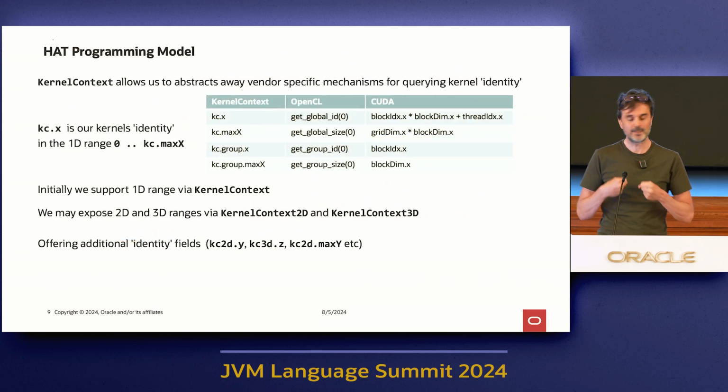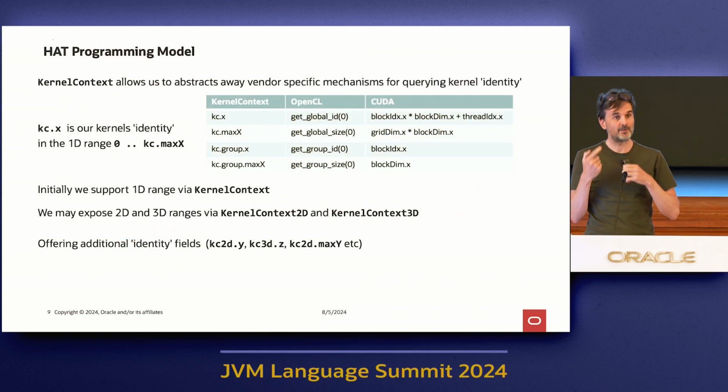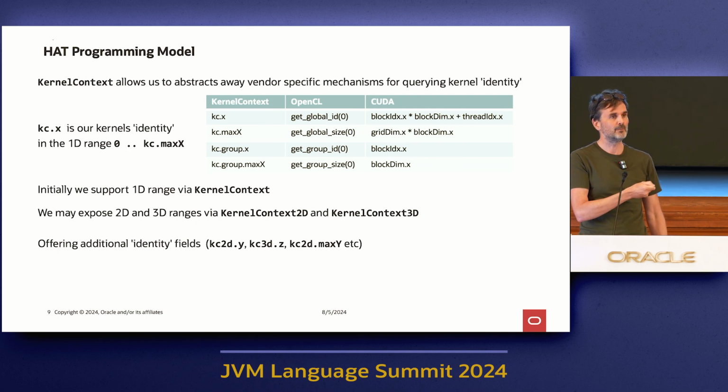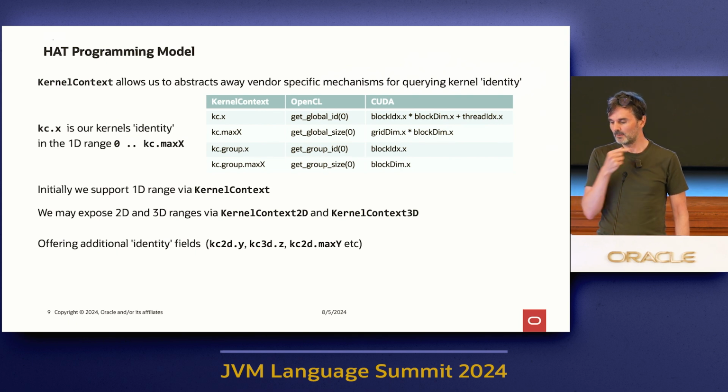This kernel context gives you a little bit of abstraction between the different GPU implementations out there, like OpenCL and CUDA. They have different ways of getting the current unit of work you're operating on, i.e. the index into the array. So we try and hide that. Actually, it should be called a 1D array programming model right now, because we only support a 1D range.